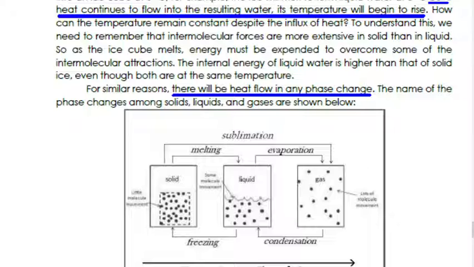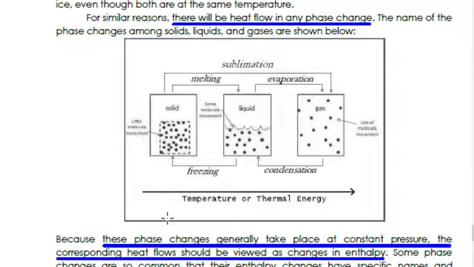The heat required to melt a substance is the heat of fusion, and it is termed as delta H subscript FUS. So another is delta H of vaporization, which is the heat of vaporization, known as delta H VAP.